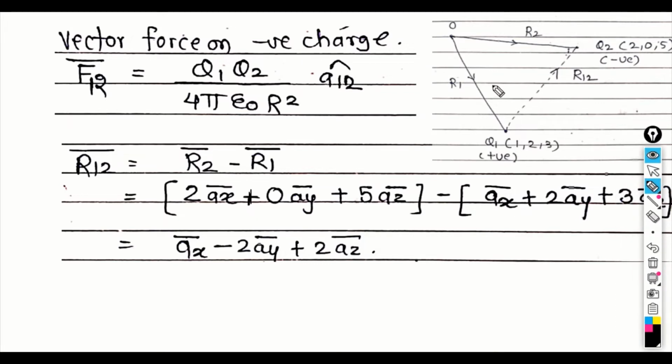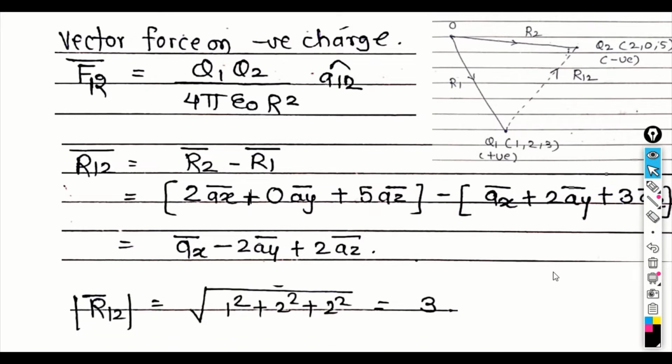So it is destination minus source. How I get R1? So it will be 1 minus 0, 2 minus 0, 3 minus 0. O is our origin. Likewise R2 will be 2 minus 0, 0 minus 0 and 5 minus 0. So resultant vector that I will be getting is AX cap plus 2AY cap plus 2 AZ cap.